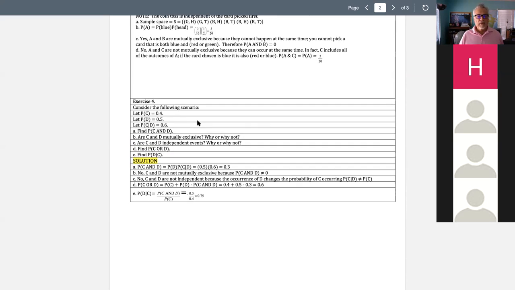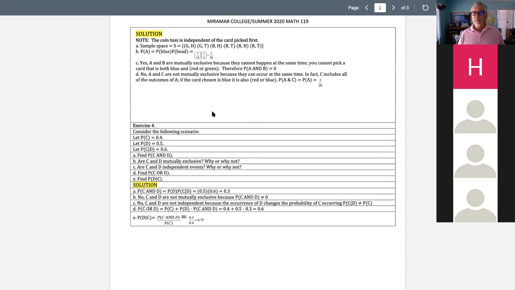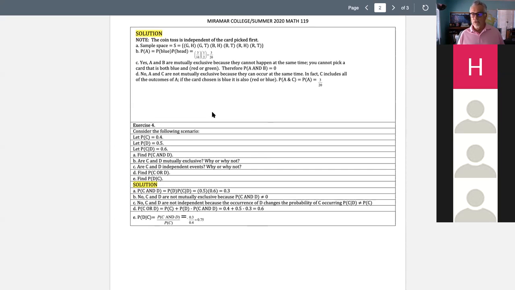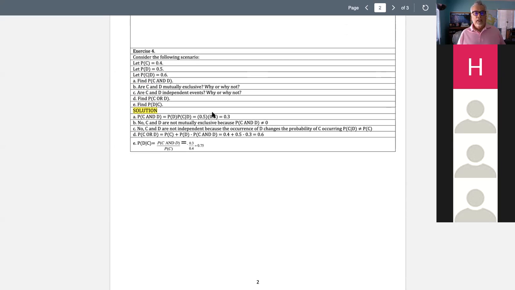Some of you have already done these problems in WebAssign using the additive rule or the multiplicative rule. And some of these problems will appear on your midterm.